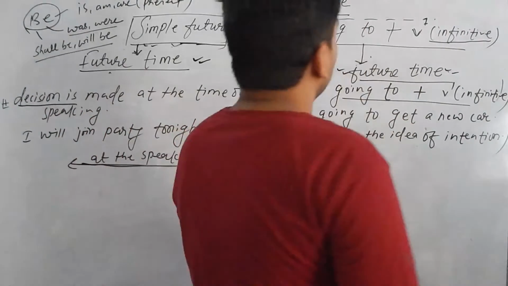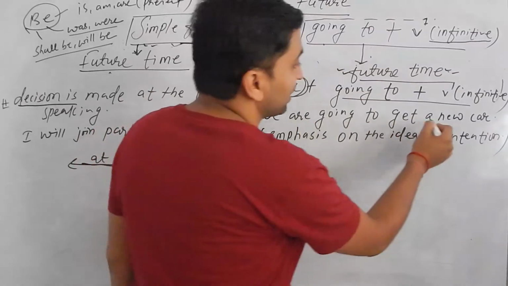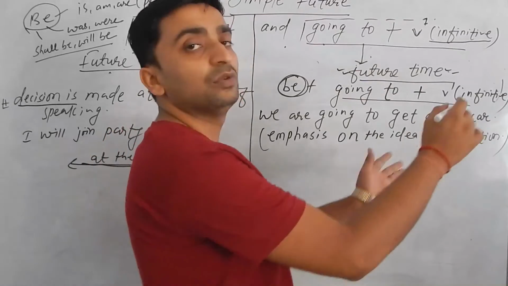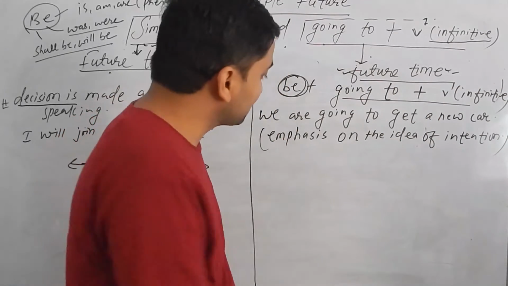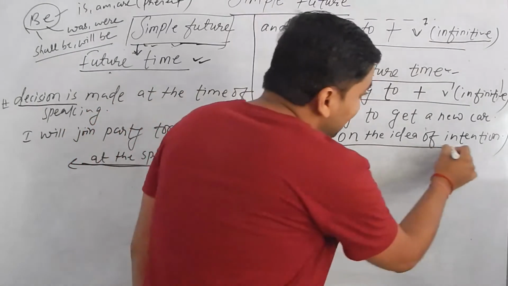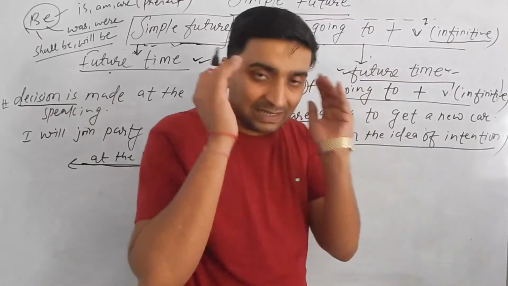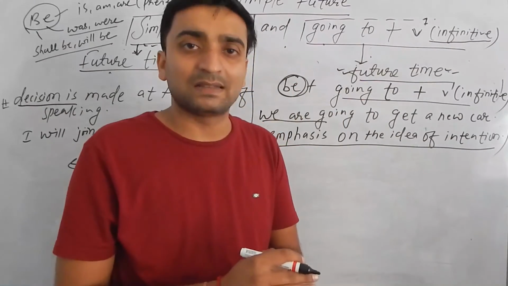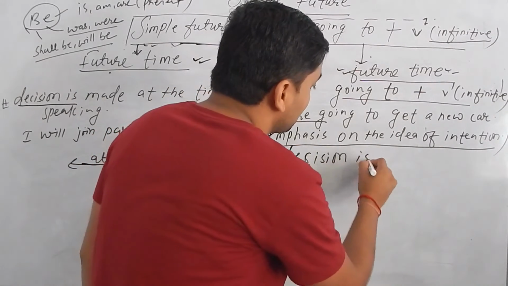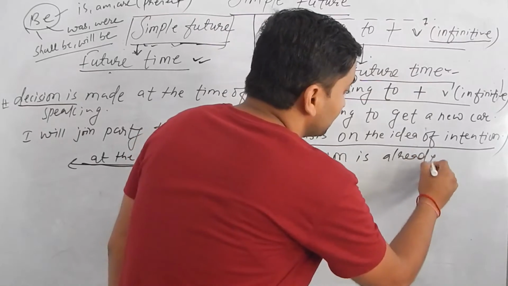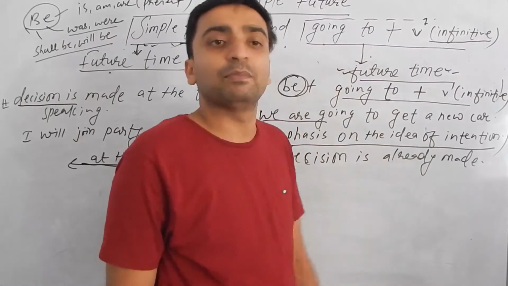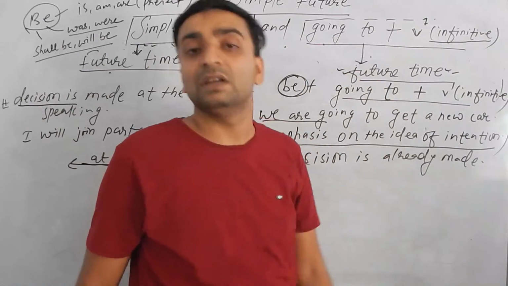Okay, and here what is it? We are going to get a new car, or we are going to buy a new house. So actually, this type of statement with going to plus B1 emphasizes the idea of intention. In other words, we can say that here the decision is already made. यहाँ हामीले mind already मेकअप गरिसकेको छु कि यो काम म गर्न गइरहेको छु.